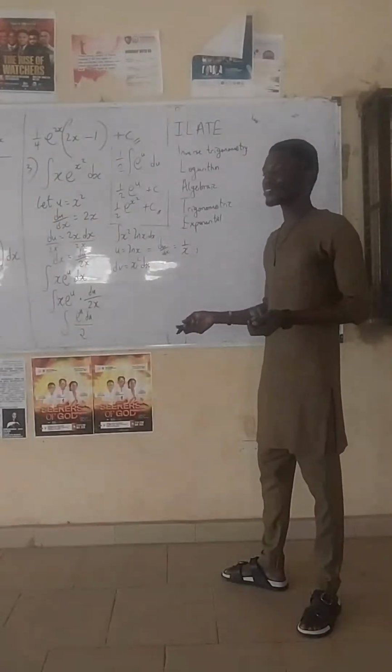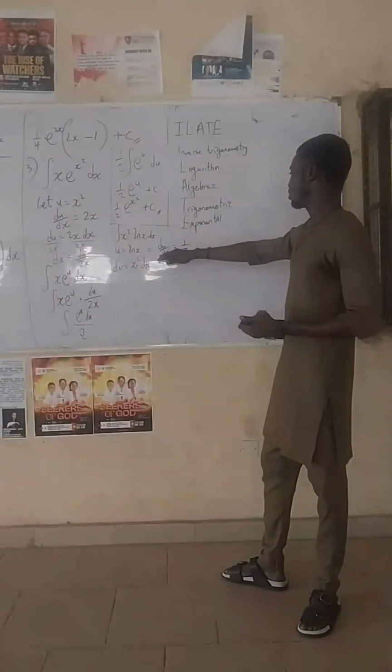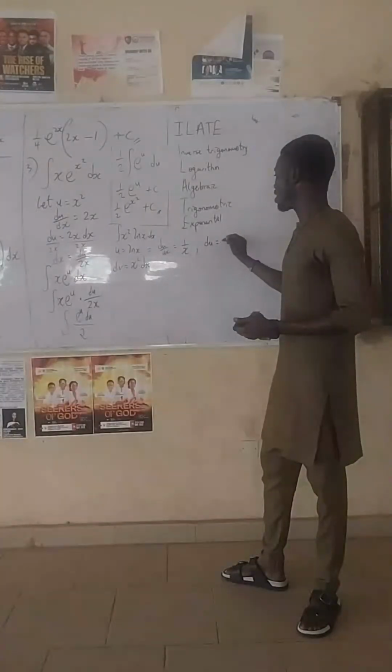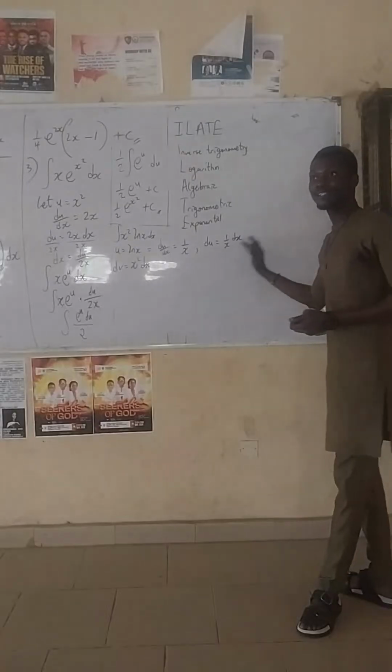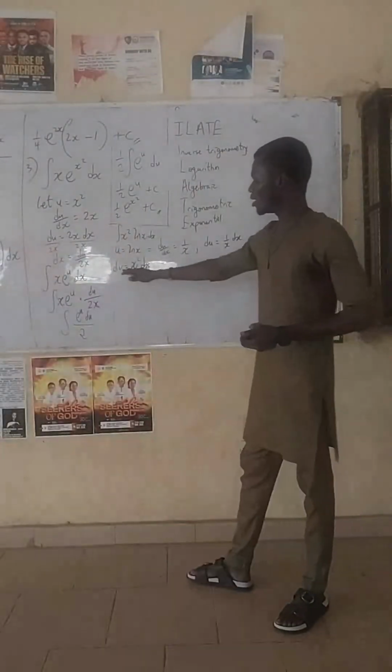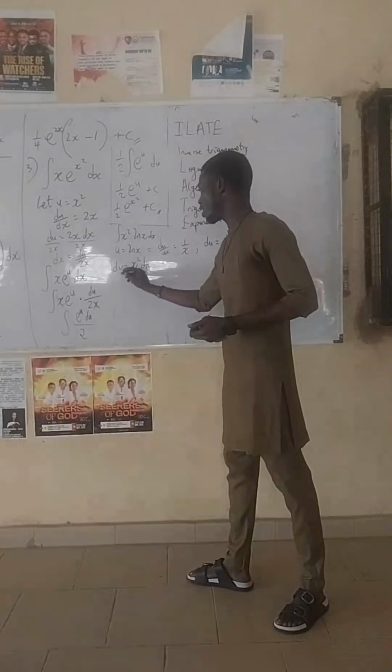Please tell me if I make a mistake, so that I will not be wasting our time. So du, making it the subject, is 1 over x dx. That's our du. Now we integrate to get our v.